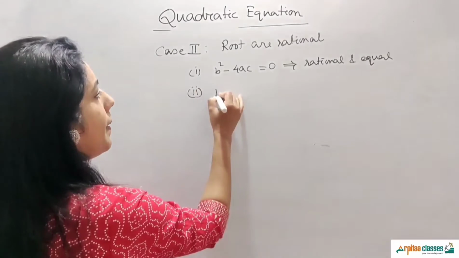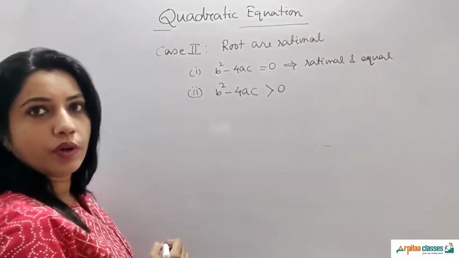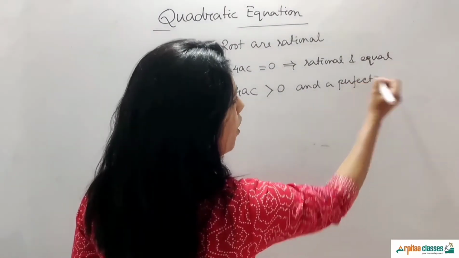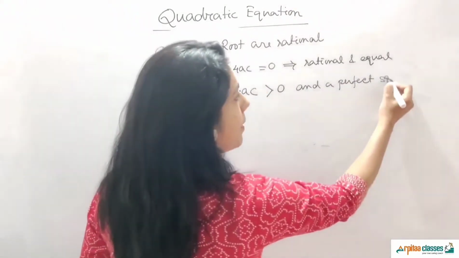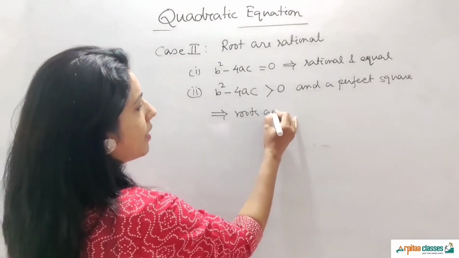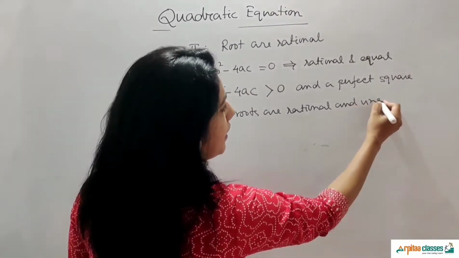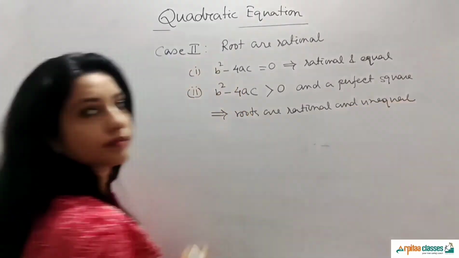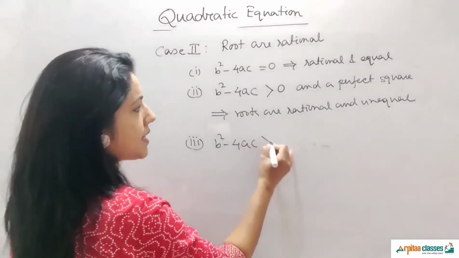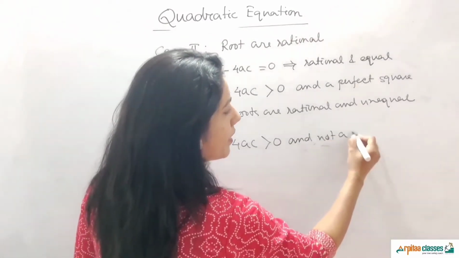Second criteria, b square minus 4ac is greater than 0 and a perfect square. If the value of b square minus 4ac is a perfect square, then roots are rational and unequal. Third criteria, b square minus 4ac is greater than 0 and not a perfect square.